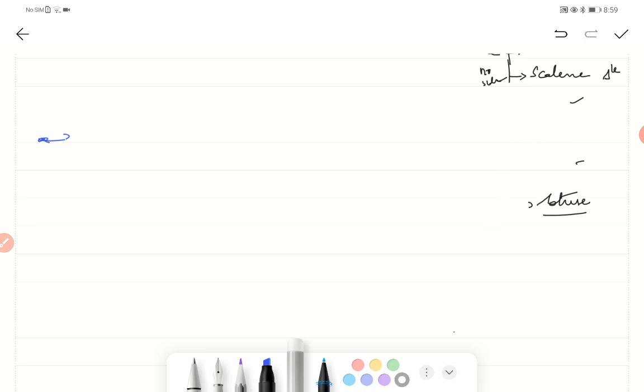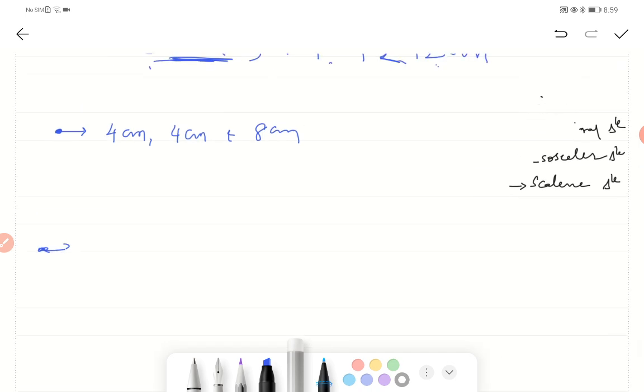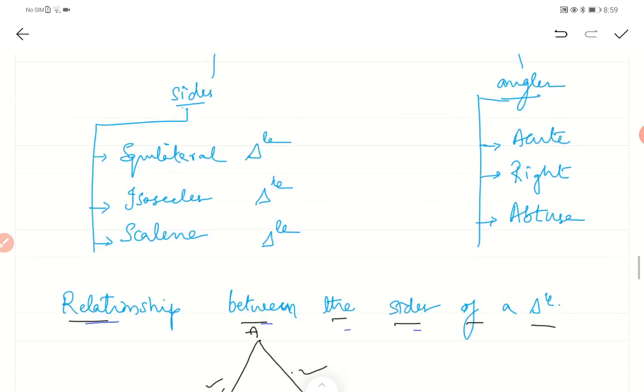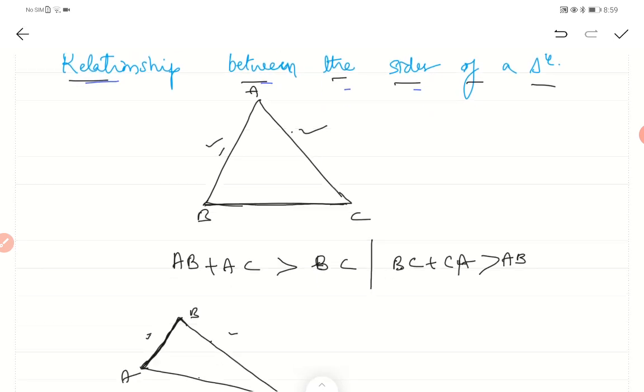The next topic we had seen is the relationship between the sides of a triangle. What was that? The sum of two sides of a triangle is greater than the third side, isn't it? And one more thing that should be included: the subtraction of two sides of a triangle is less than the third side.